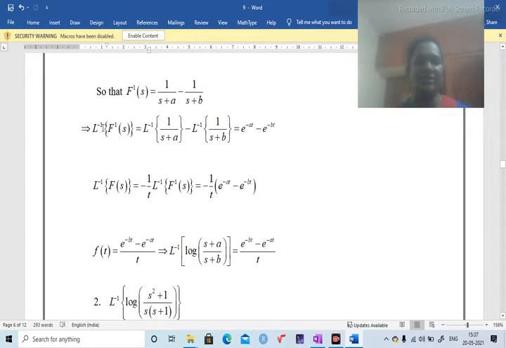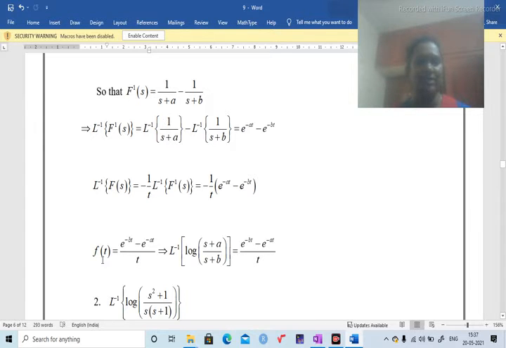We know the value of L inverse of f dash of s; substitute, then you are going to get this step. L inverse of f of s means f of t only. So e power minus at, minus, multiply the minus sign with the terms inside the bracket, then we are going to get (e power minus bt minus e power minus at) by t.